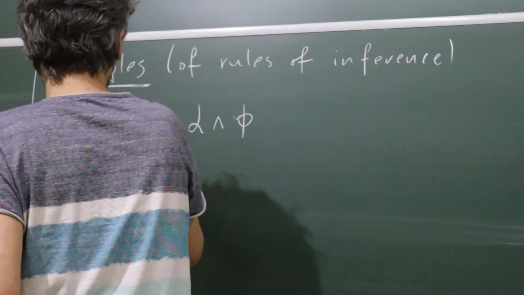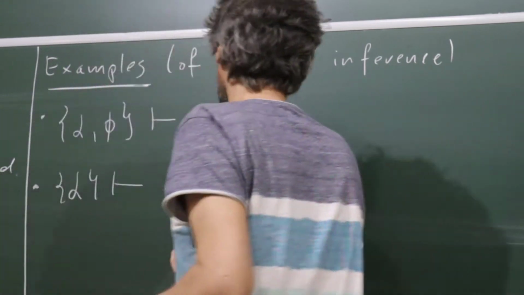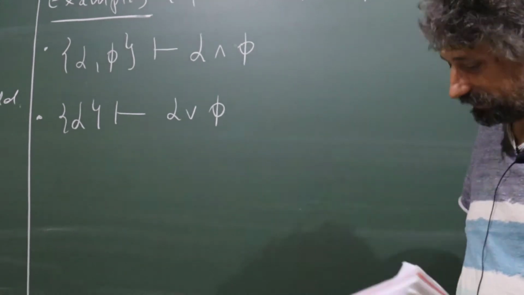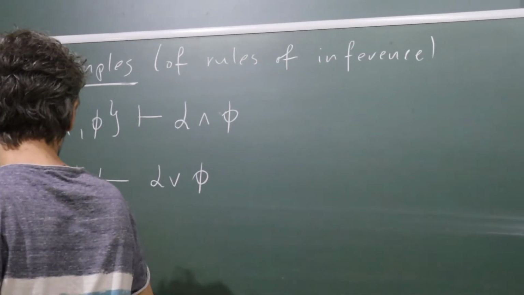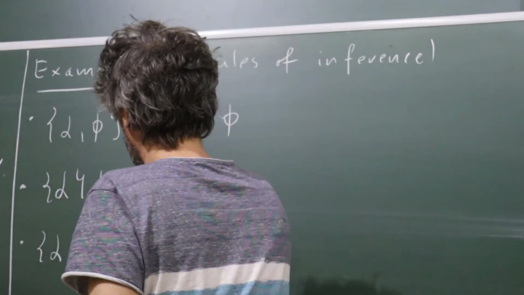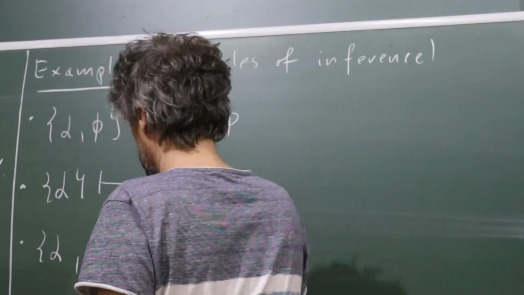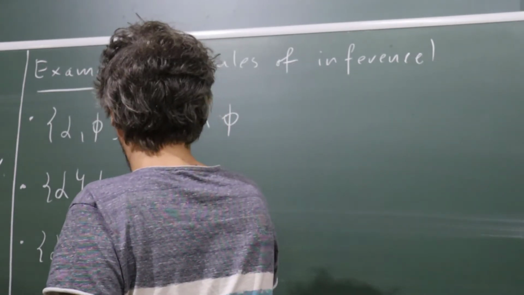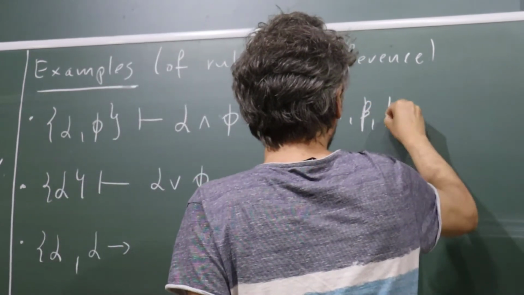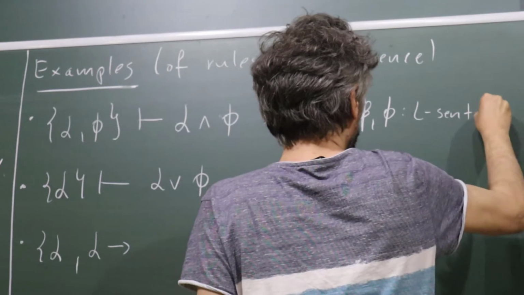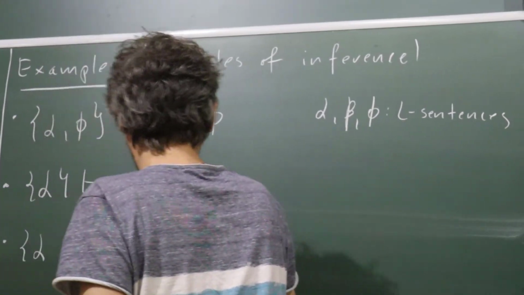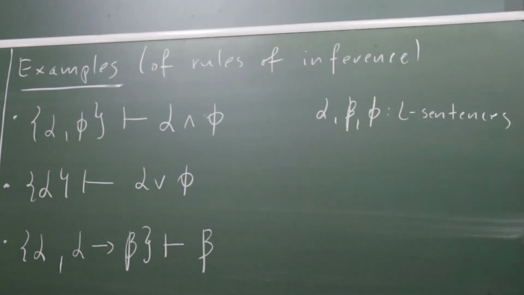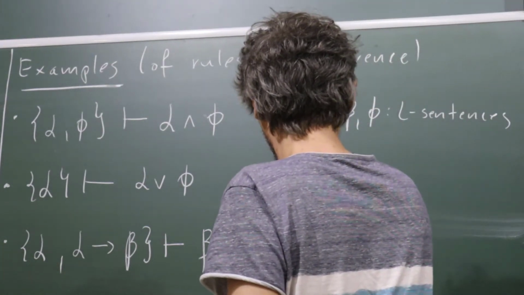If there is only one, then the disjunction. And something slightly more complicated: if alpha is in this theory, and if the implication alpha implies beta is in the theory, where all of those are of course sentences, then we can infer that T logically implies beta. This is something called modus ponens.